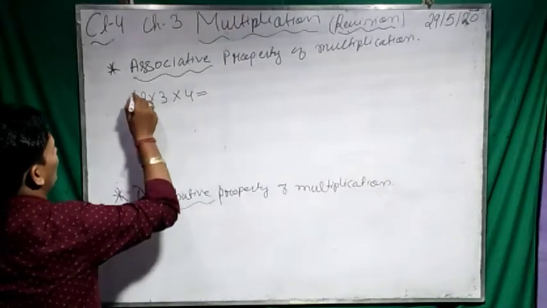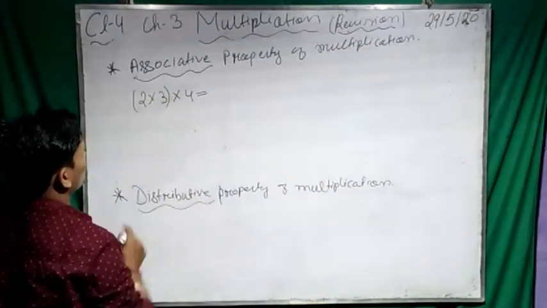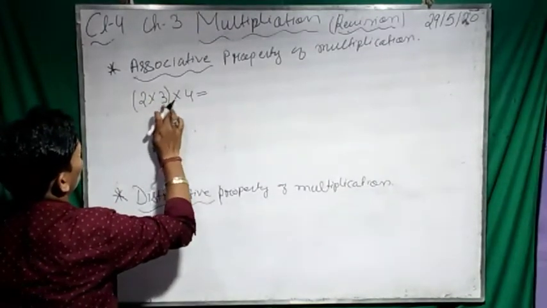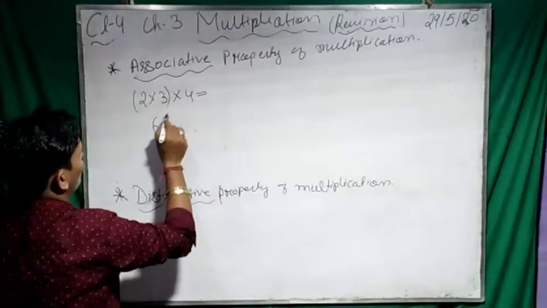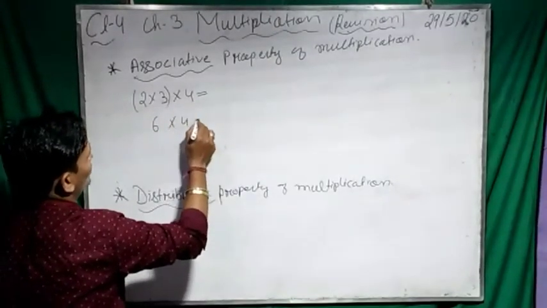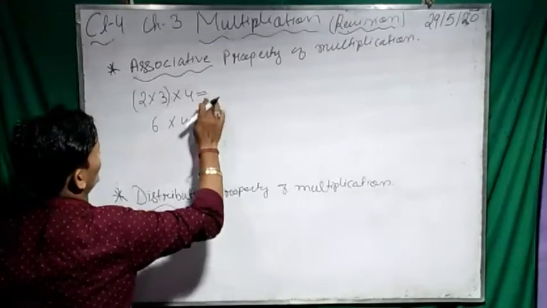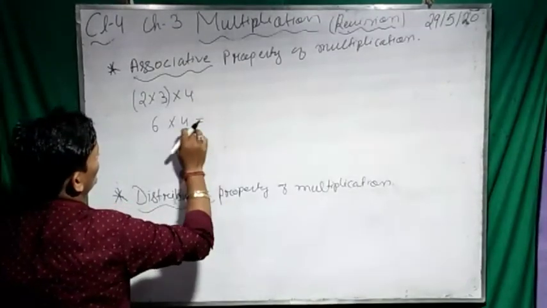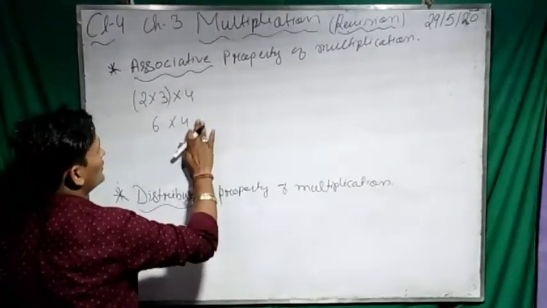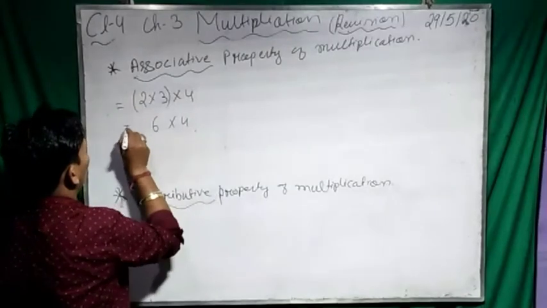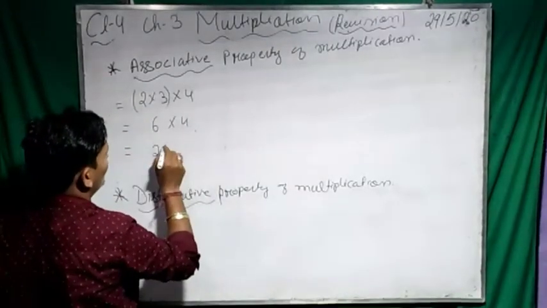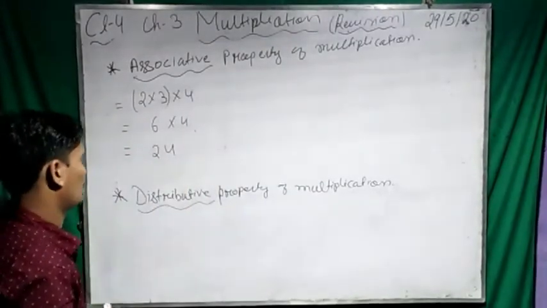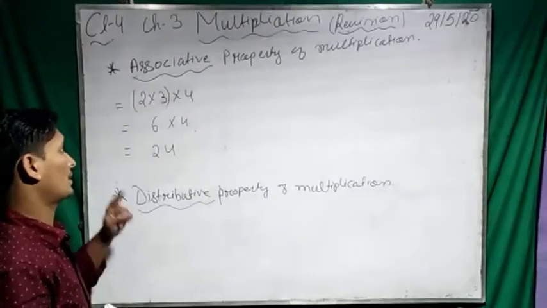We can multiply any 2 of these. So 2 times 3 is how much? 6. Then multiply by 4. How much? 6 times 4 is 24. Got it? Associative property.